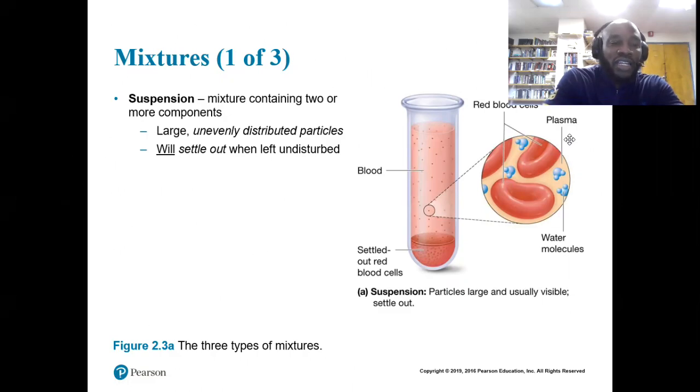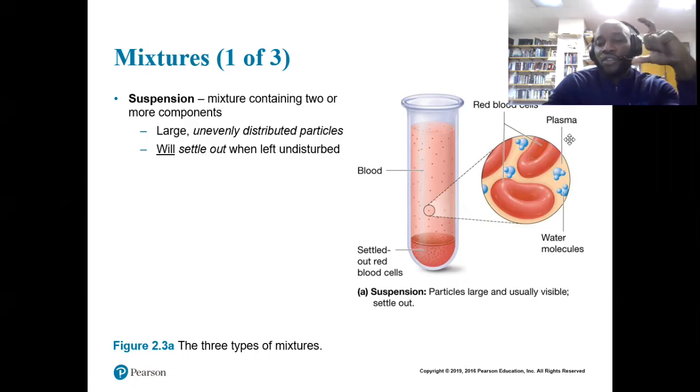It's not till Bio 110, but when we do talk about blood, it's very important to remember that blood is a suspension, a mixture containing two or more components. Large, unevenly distributed particles will eventually settle out. Sometimes people think of salt water like this if you put too much salt into something, but generally I wouldn't think of it as salt water.